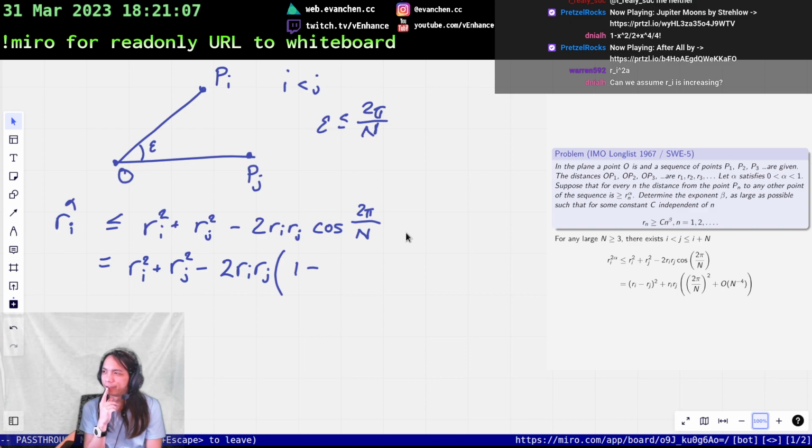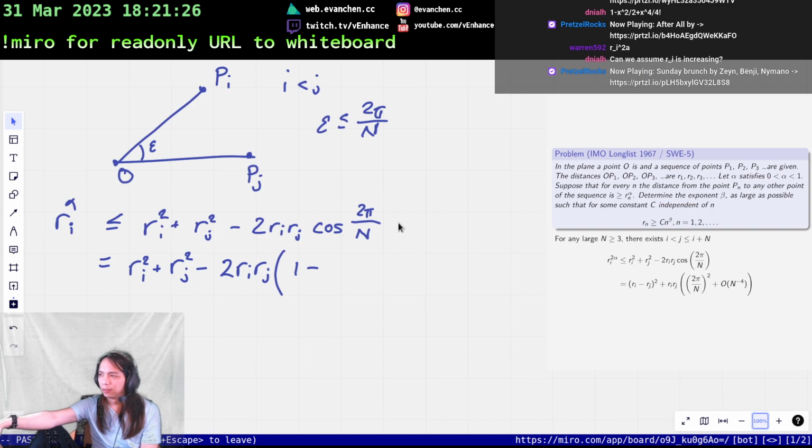Can we assume r_i is increasing? No. I mean, it probably is, but I don't know how to prove it. It depends on what you mean by probably. In the cases that are closest to equality or most interesting, you think the r_i's are increasing, but I don't see a way to assume it easily.